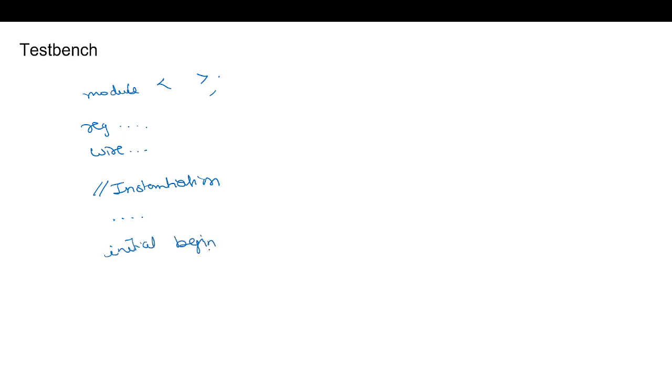So the same way for the test bench, we have to have the module name and then all the register, wire and then instantiation, initial begin and all the assignment put and then end.